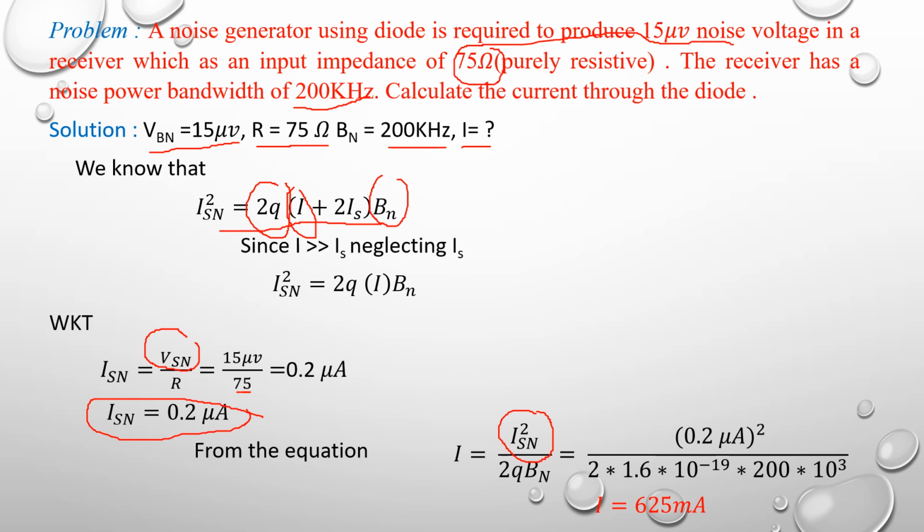So I is equal to 0.2 microamps whole square divided by 2 into Q, where Q is equal to 1.6 into 10 to the power minus 19, and BN is the given bandwidth of 200 kilohertz, equal to 200 into 10 to the power 3. After simplification, we get current is equal to 625 milliamps. So 625 milliamps is the current through the diode.